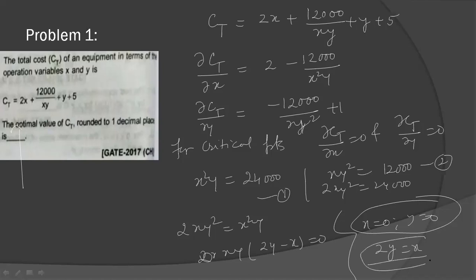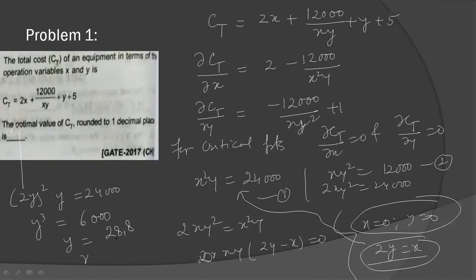So the only condition is 2y equal to x. This condition you can apply in any one of the equations. So suppose we put in 1, x equal to 2y. So this will be 2y square into y equal to 24,000, so y cube equal to 6,000. If you take the cube root of y, you will get 28.8.